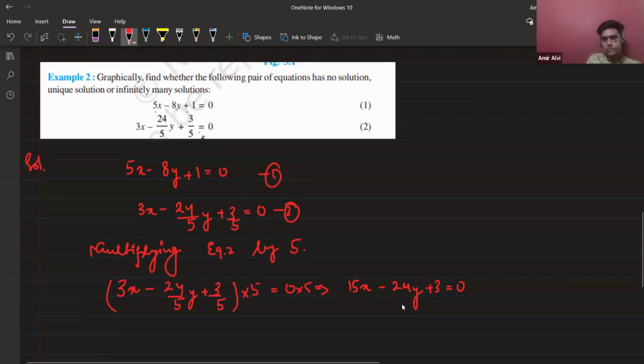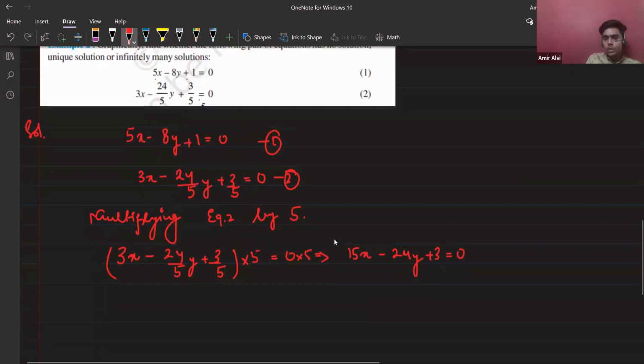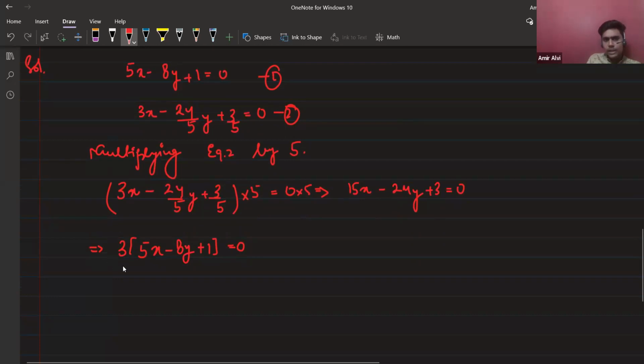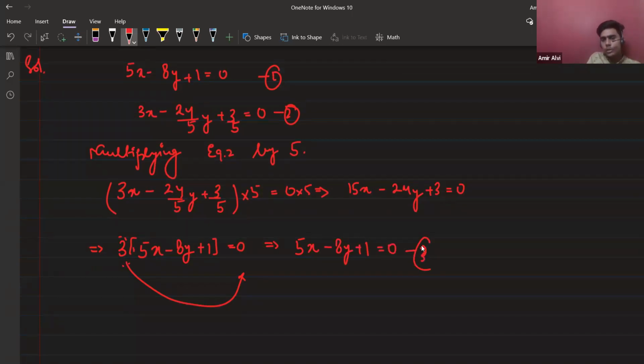Now, is 3 common in all the terms? Yes, sir. So 5x minus 8y plus 1 equals 0. Taking 3 common, 0 by 3 is basically 0. This is our third equation, you can say.